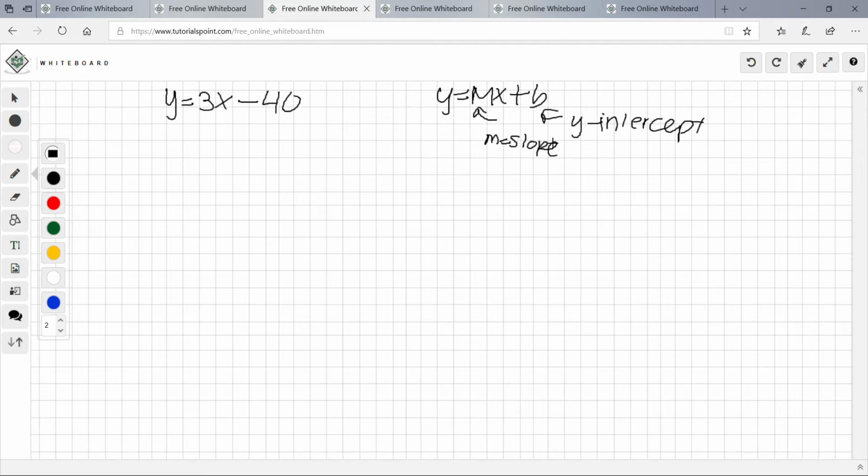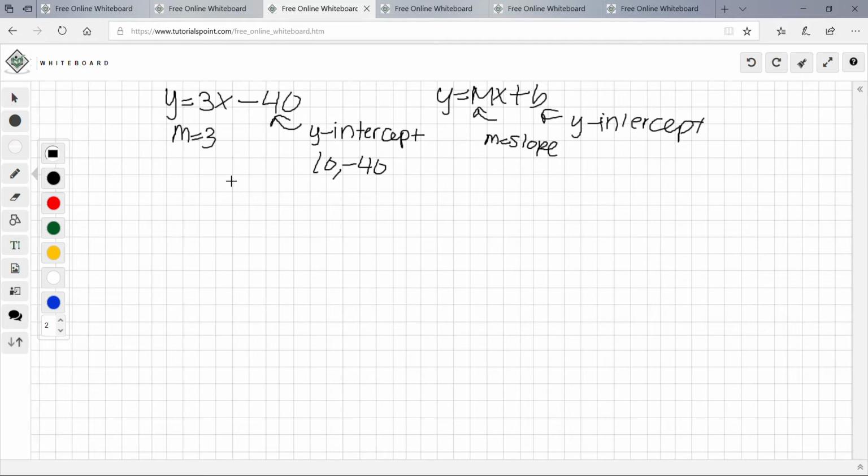So what would be our y-intercept? Our y-intercept would be negative 4. So it would be 0, negative 4. And then our slope is 3.